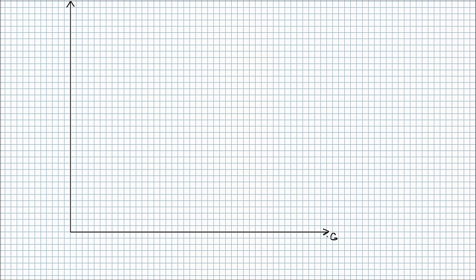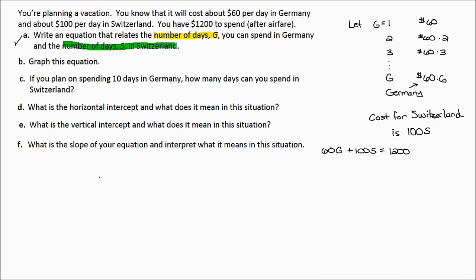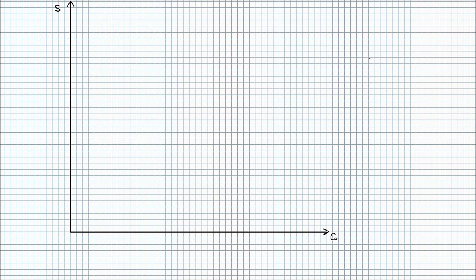So I'll let G, which is the number of days in Germany, be my horizontal variable, and I'll let S, which is our number of days in Switzerland, be our vertical variable. Let's check our equation here. Our equation says that 60G plus 100S is equal to 1,200. Let me rewrite that over here so that I have this on my paper: 60G plus 100S is equal to 1,200.